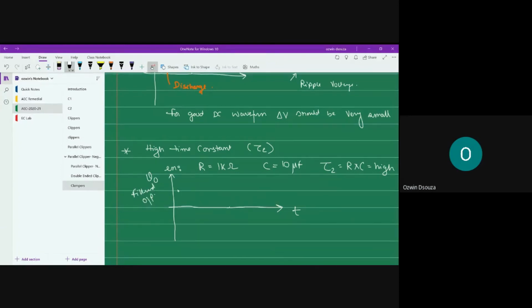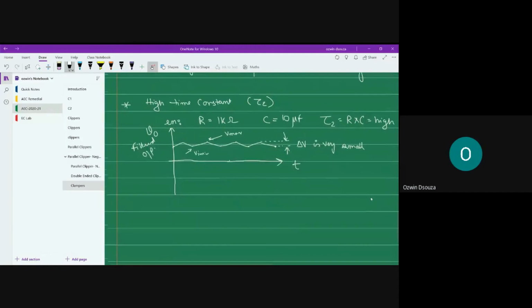All right. So in this case, what happens is that, let's say the capacitor charges to this extent, and then it discharges, then it charges, then discharges, and so on, so forth. So this is your V max, and this is your V minimum. And if you were to take the difference between V max and V min, you would see that the change in voltage, delta V, is very small.